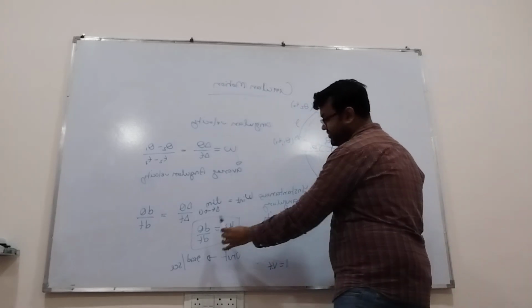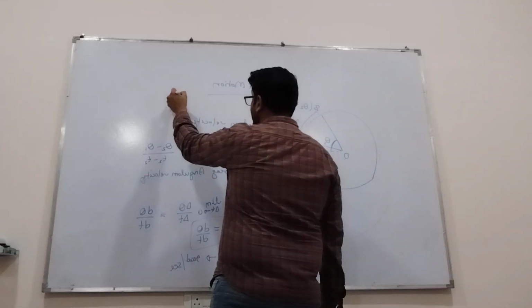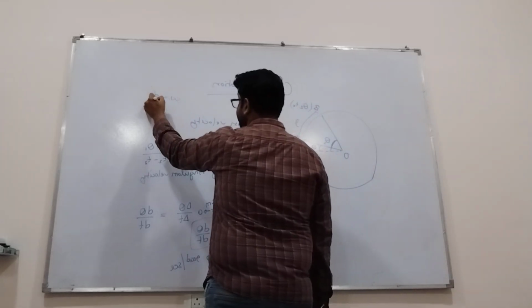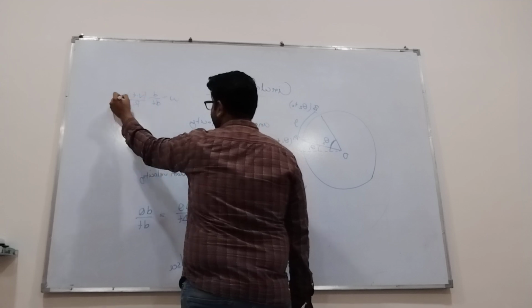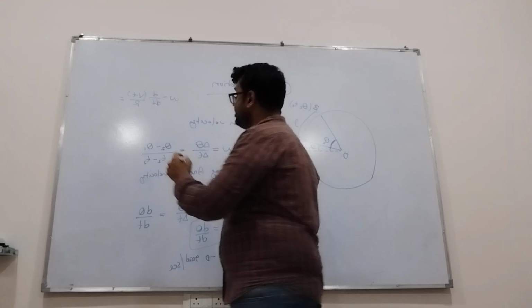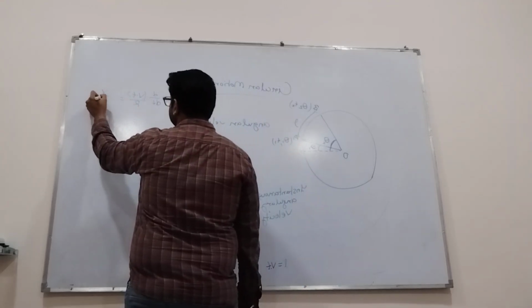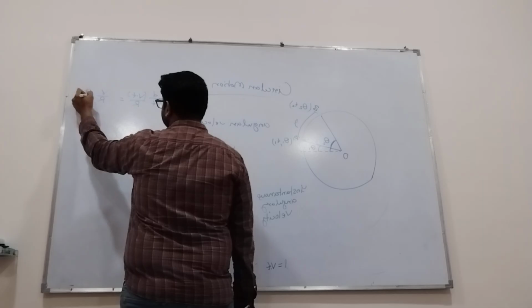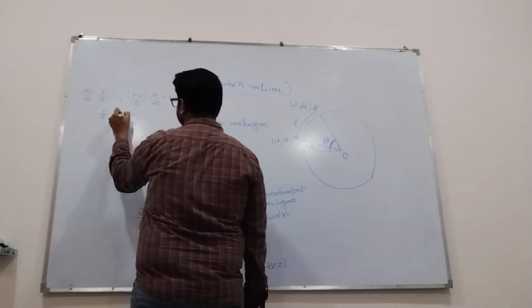So if I put this value here, what will we get? Omega is d theta by dt, it is v into t upon r. Okay, so if we differentiate it, you will get v by r.